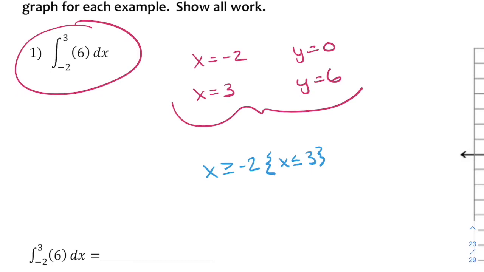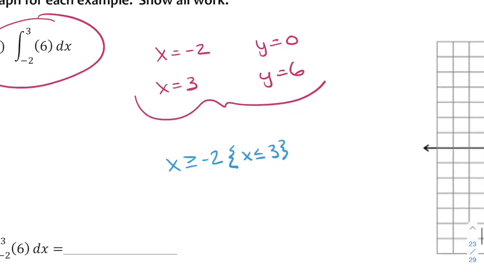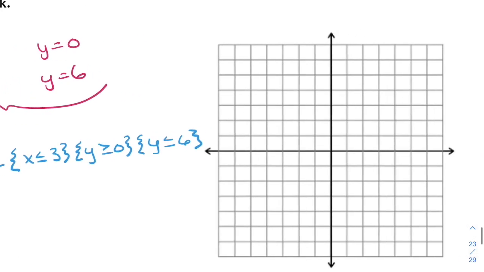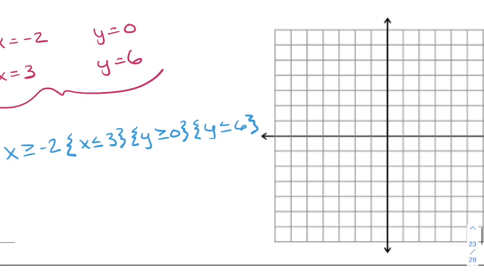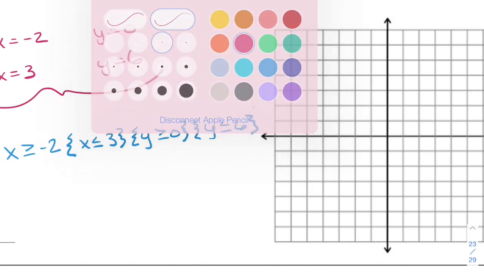So you're telling it to look between those two items. And then you're going to say, but wait, hold on, I also want Y to be greater than or equal to 0. But I also want Y to be less than or equal to 6. And what it will do is actually graph this rectangle immediately.